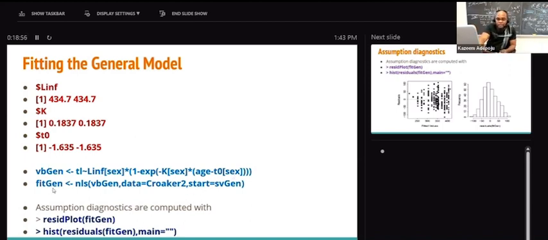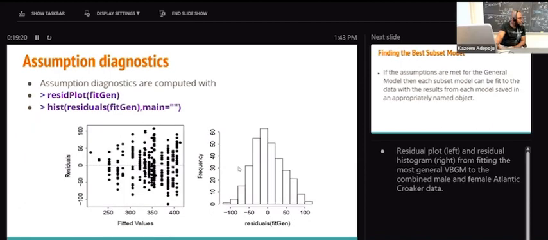So by the time we fit that general model with the data that we have, using the initial values from the first code, we can conduct diagnostic testing, where we investigate whether assumptions are violated. Now, this is the code, and this is what I have now. This is looking promising.